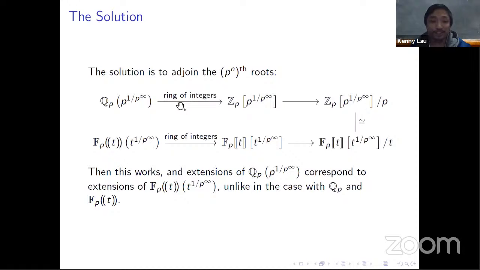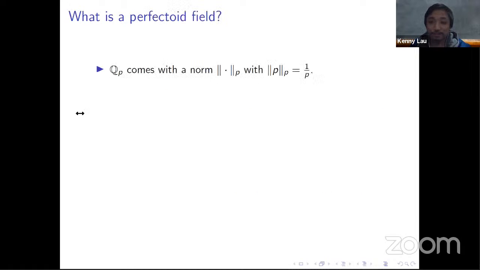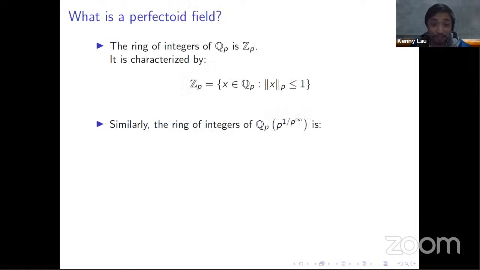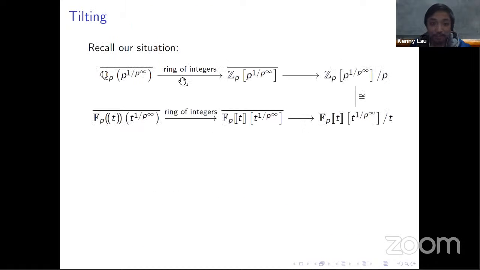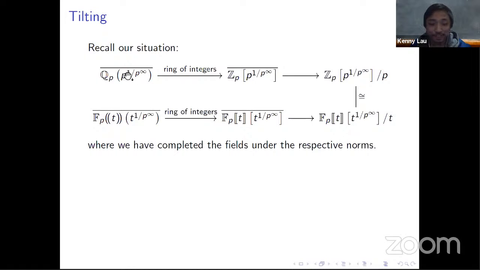If you look at Peter Scholze's answer on MathOverflow to the question, what is a perfectoid space, right? The first example he gives is this one, right? So this is sort of a motivating example. And so we call it a situation where we complete these fields, so to make our theory nicer. And right, so we take the ring of integers and then we mod p.